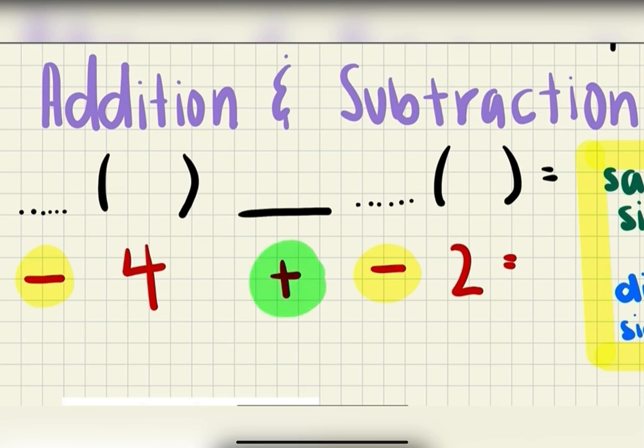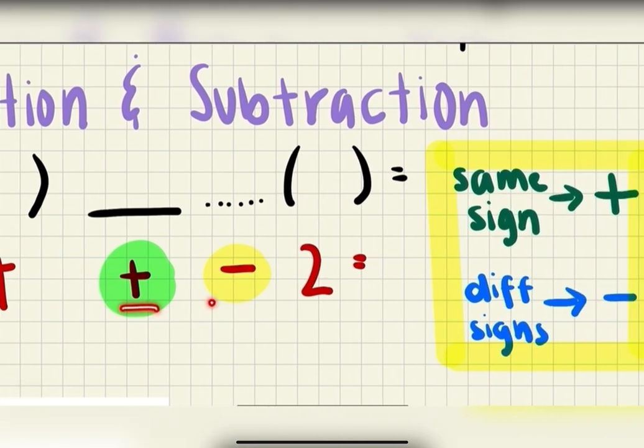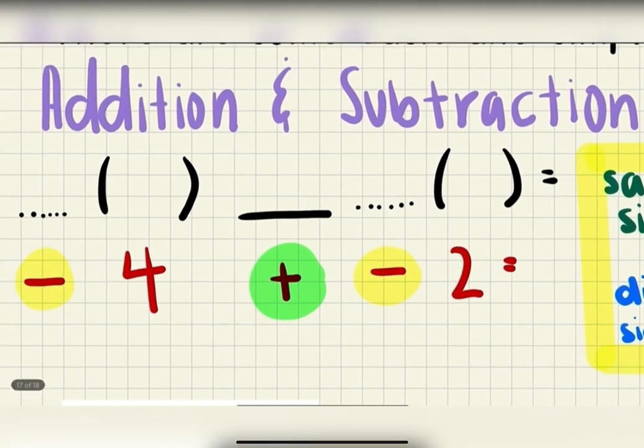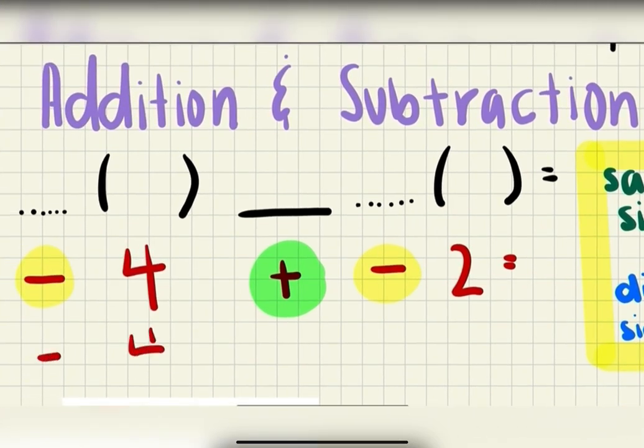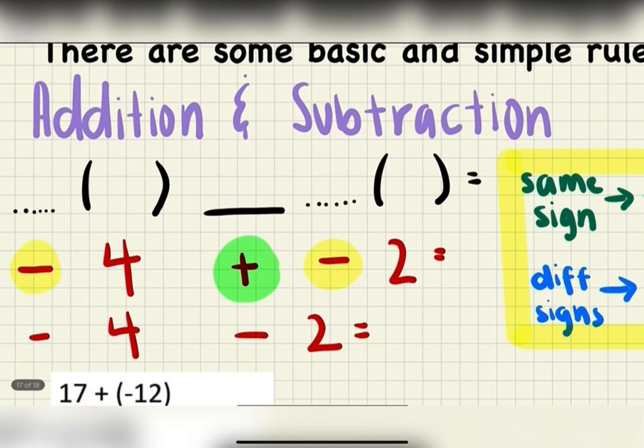So once again, you want to get rid of the two that are right next to each other. You're basically combining them. And according to our rule, if we have different signs, which we do, a positive and a negative, that automatically equates into a negative sign. So if I were to rewrite this equation, it would be negative 4 minus 2.